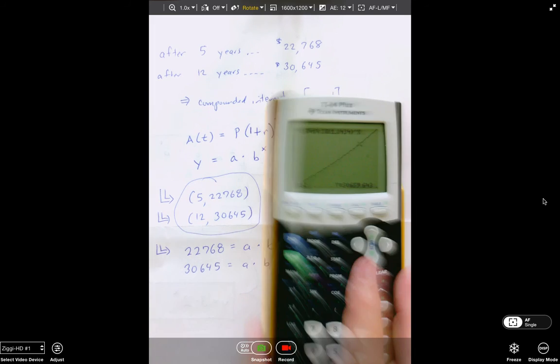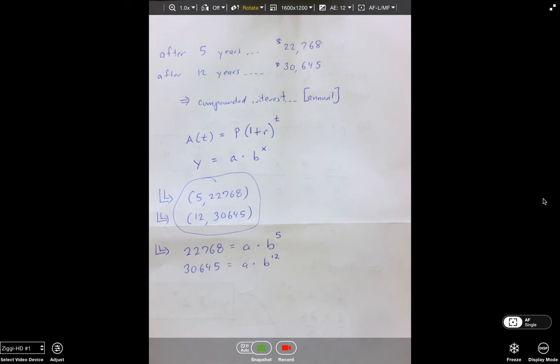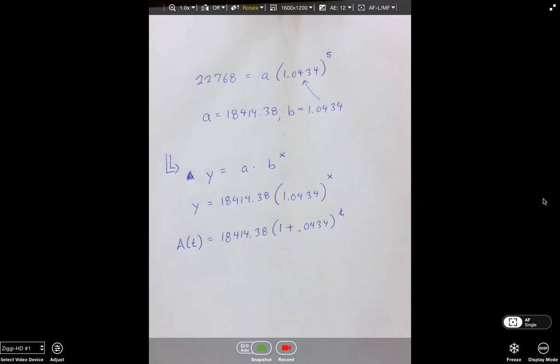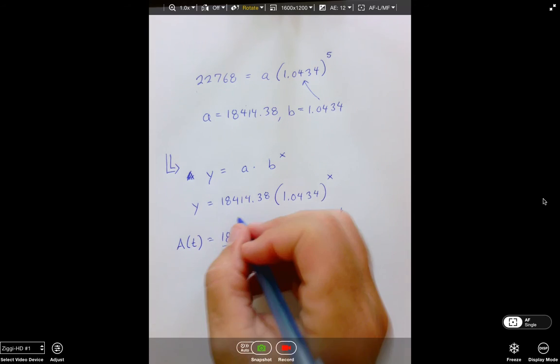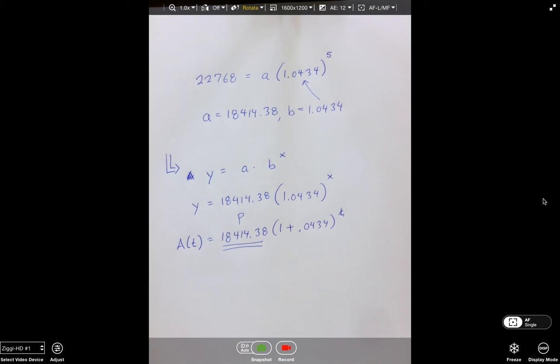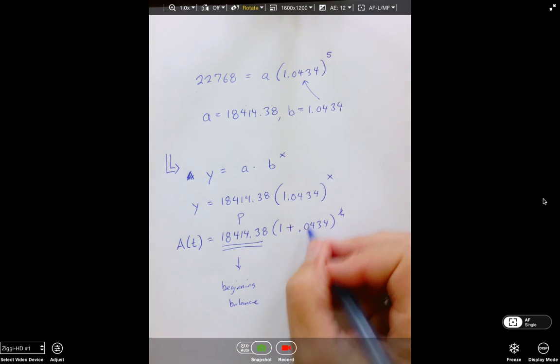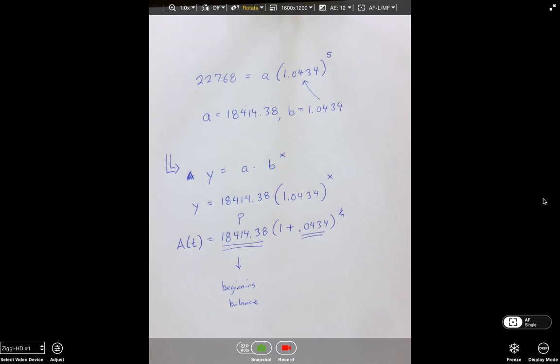But what I want you to see, among other things, is this represents what? Well, that was our P. This is our beginning balance. What's this represent?